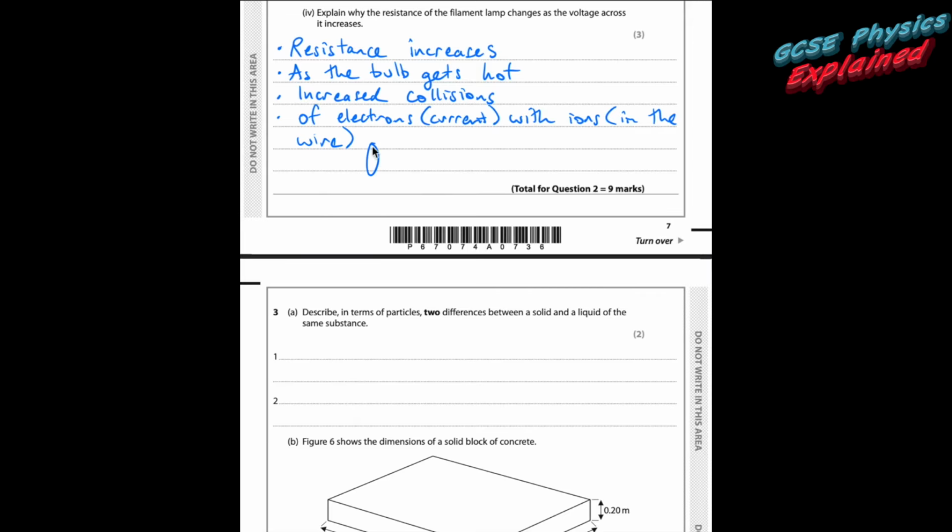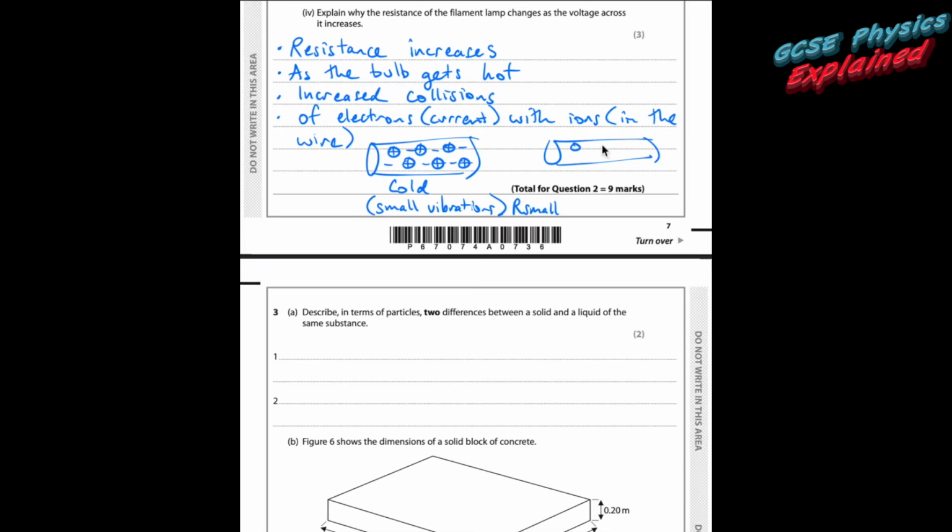So basically, inside the wire, it's made of copper ions, if it's a copper wire, so they're all positive. And then you've got your little negative electrons. Now when it's cooled, these ions don't vibrate very much. So there's not many collisions, so the resistance is small.